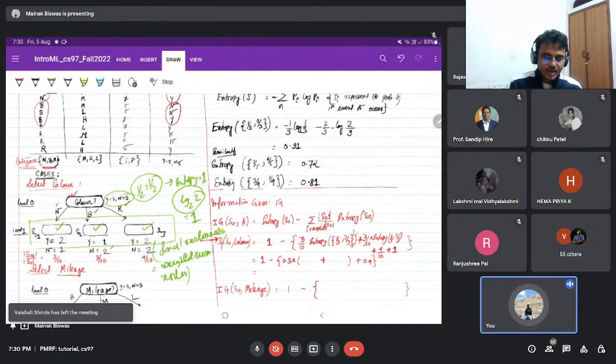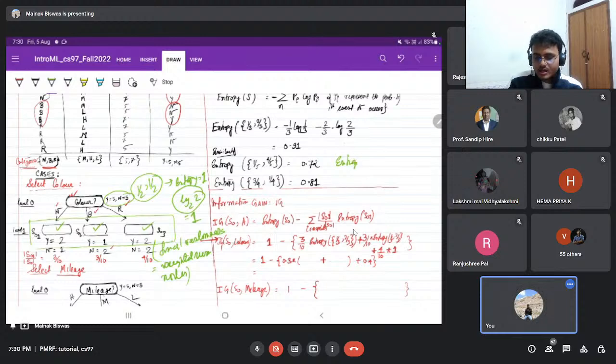So what is the entropy of S0? S0 will have an entropy of 1 by 3 log 1 by 3 plus 2 by 3 log 2 by 3, right? If you have any questions, you can ask me.